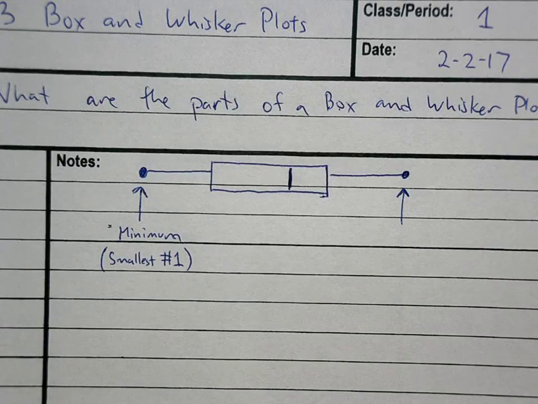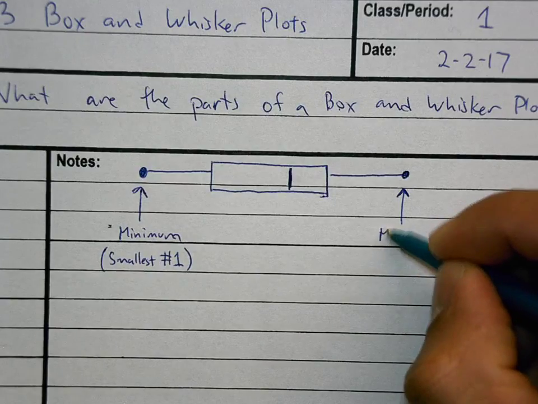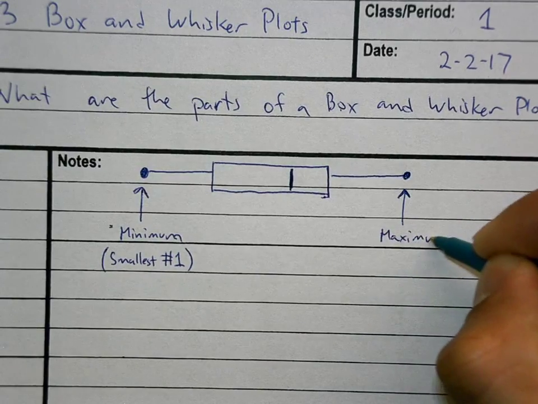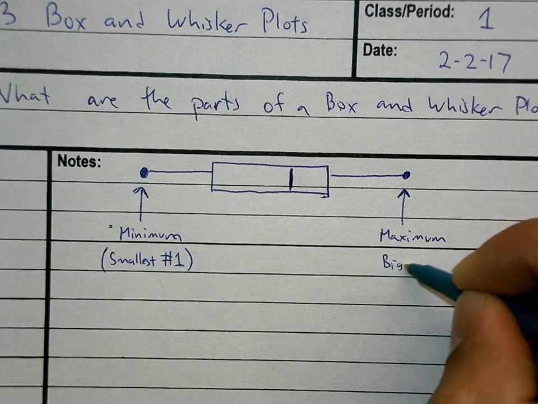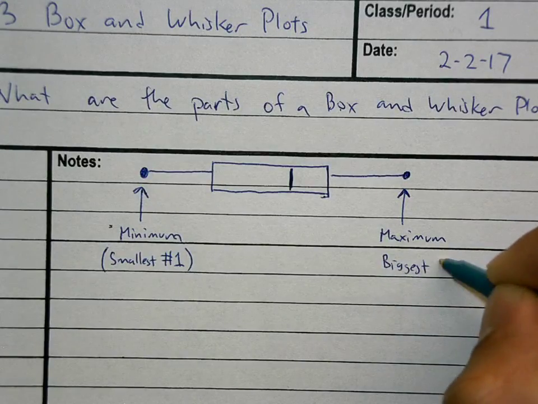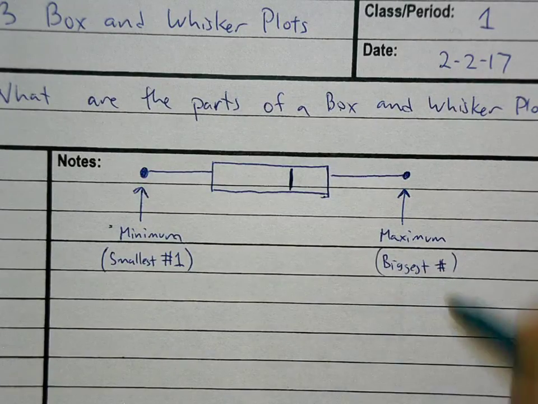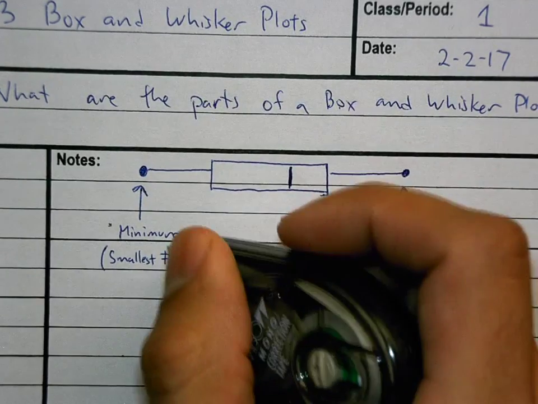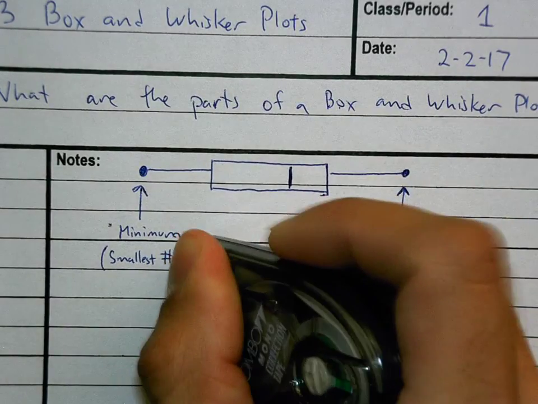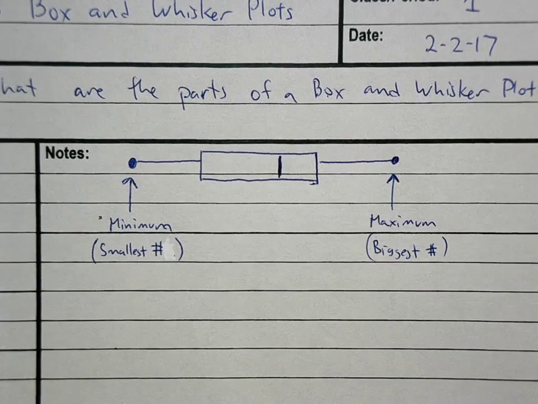Yes, you were right. It's your maximum. That's the term. It's your largest or your biggest number. I'm just going to put smallest number. There we go. We have our minimum, we have our maximum, we have our smallest number, we have our largest number.